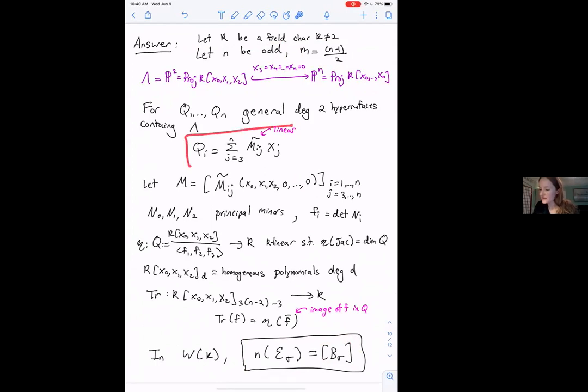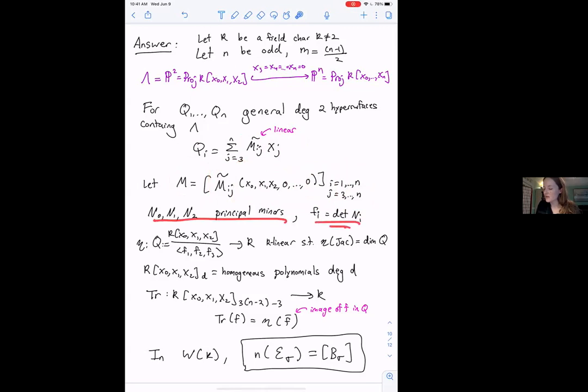This means that the general degree 2 hypersurfaces containing this P2 are a sum of x0 times something linear, x1 times something linear, etc. You can put all of those linear things in a matrix, and then there are 3 principal minors. So this is some sort of big long matrix, and you can take this piece, ignoring the last 2 rows. You can take this piece, and you can take this piece.